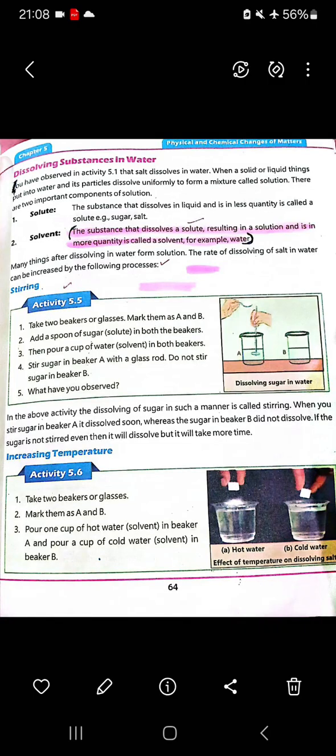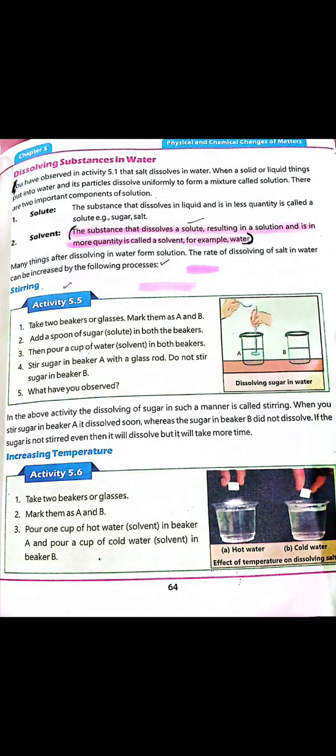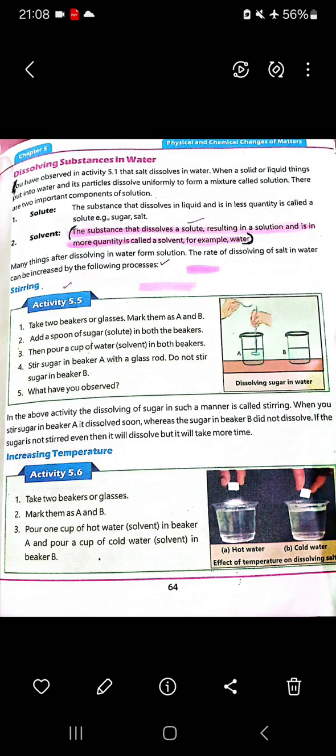It will obviously dissolve in hot water, that is beaker A, because the hot water increases the solubility of the solute in water. The hot water, the high temperature favors the solubility, while the solution in beaker B will take much time because it has cold water inside it. It means that high temperature also favors the solubility of the solution.